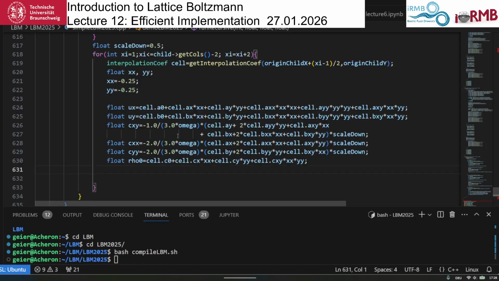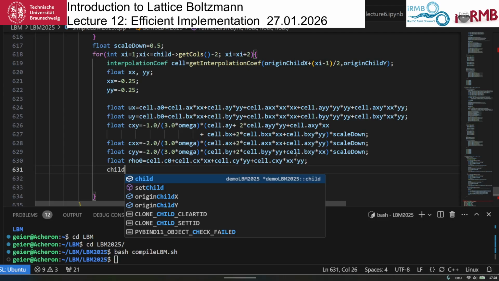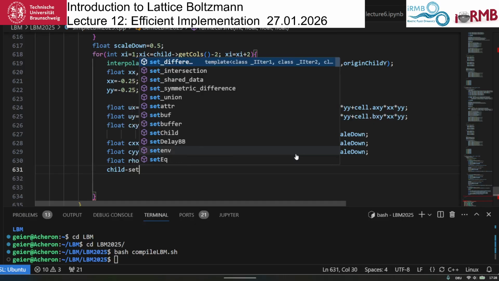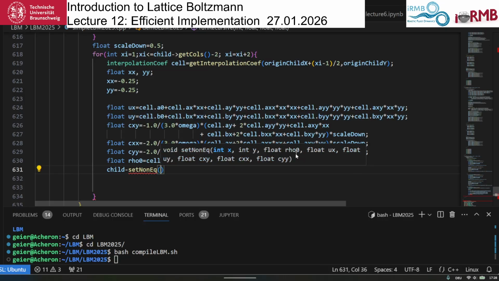Now we have calculated this. Now we have to put this back into the child. So we have the child, and in the child we have to set the non-equilibrium, and we do this in these coordinates here.